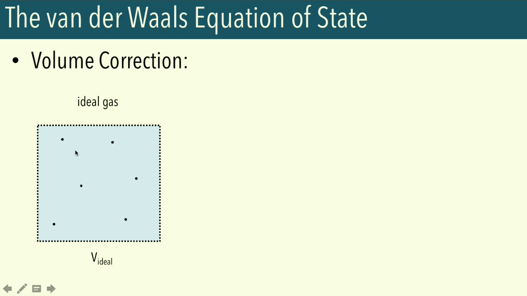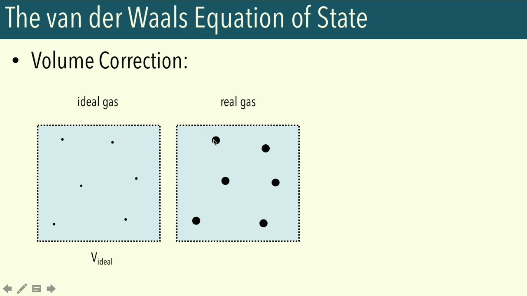However, once we start looking at a real gas, the gas molecules do occupy a significant amount of space. Keep in mind that since our gas molecules actually do occupy some space, the real gas volume is going to be larger than the ideal gas volume.